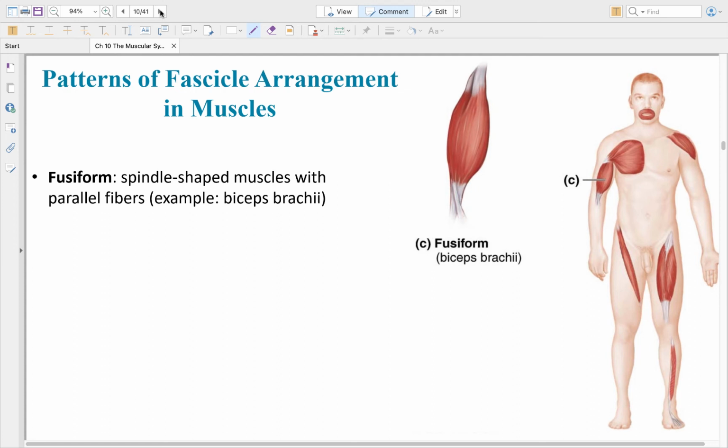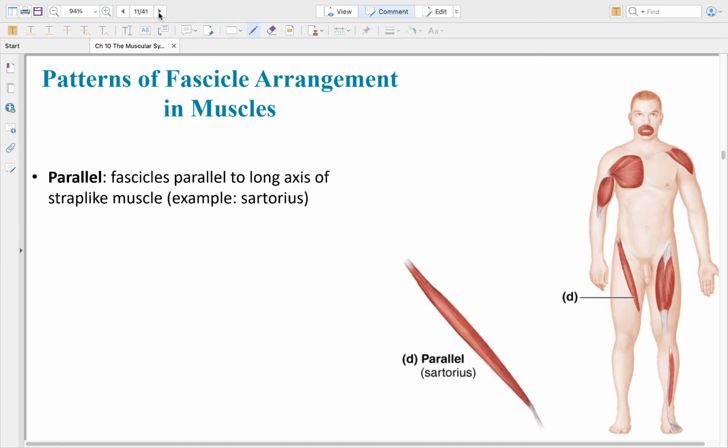A fusiform is a spindle-shaped muscle with parallel fibers, such as the Bicep Brachii that we were looking at earlier. It does look like a spindle shape. See how it's tapered on this side, and then tapered on this side? That's a spindle. And of course the fibers run parallel. This one is referred to as parallel.